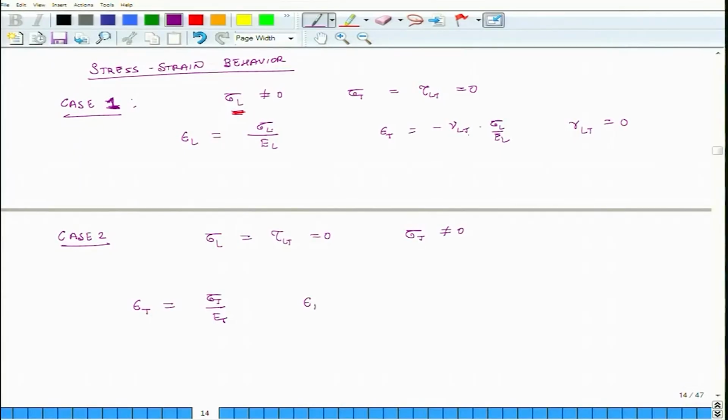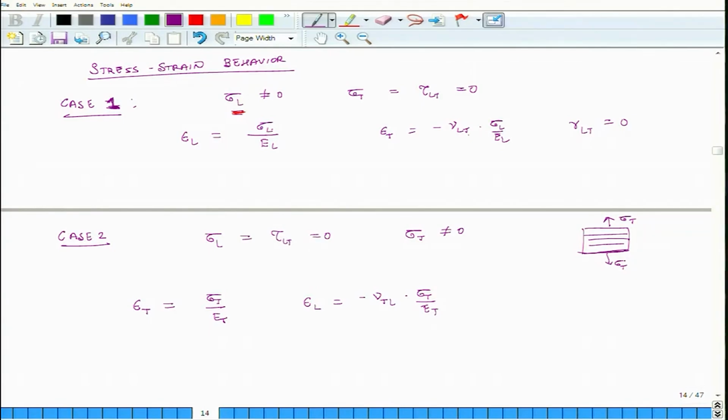So, epsilon L is equal to minus mu TL times epsilon T, but epsilon T is what? Sigma T over ET. So, I will just erase this and replace it by this. So, it is sigma T over ET, and once again, how are we loading it? My fibers are like this and I am loading it in the transverse direction.